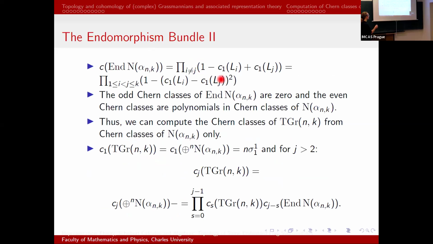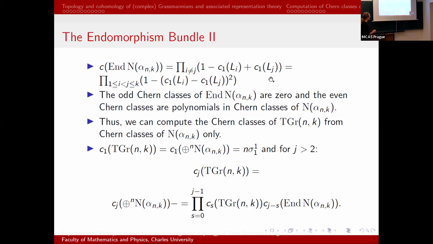We can see that if we use the formula for Chern classes of tensor products of line bundles, this formula multiplies this formula. So these are some squares.